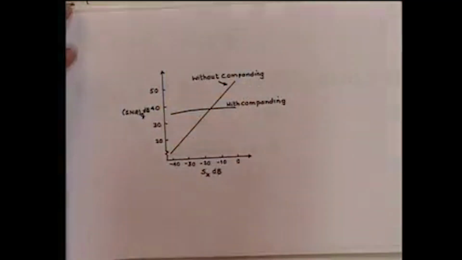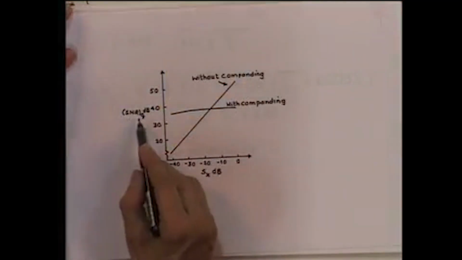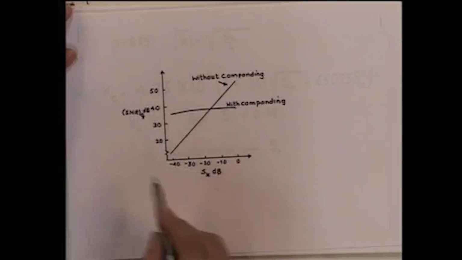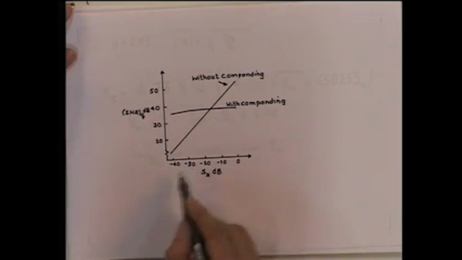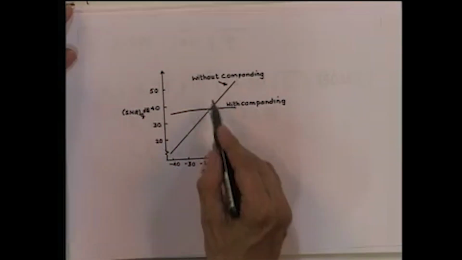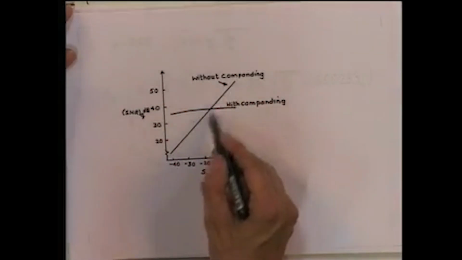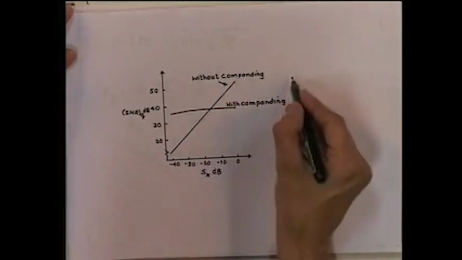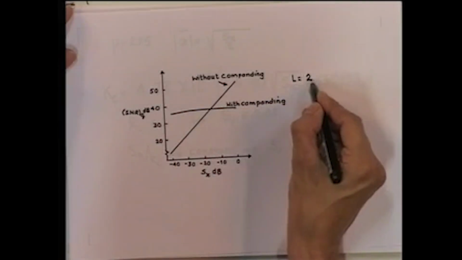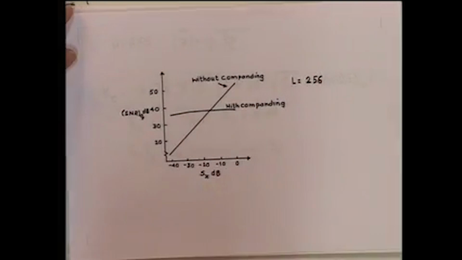Now, the figure here brings out this desirable feature by plotting signal to quantization noise ratio in dB versus input variance in dB, with and without the companding, when L is equal to 256.